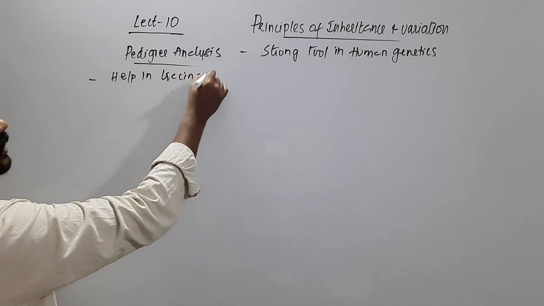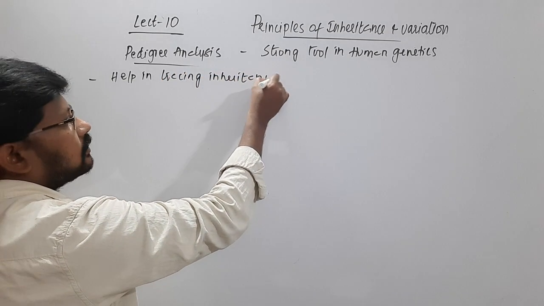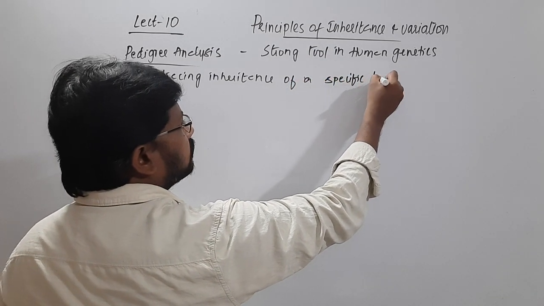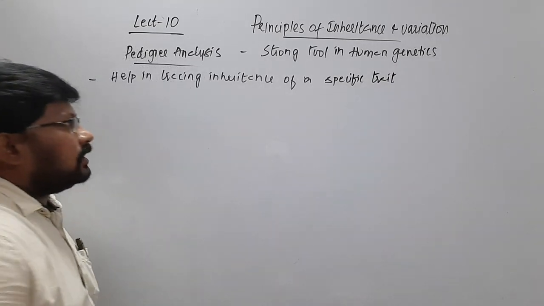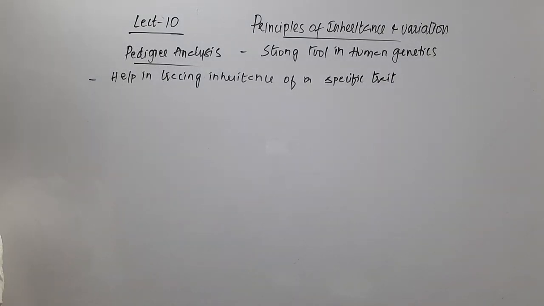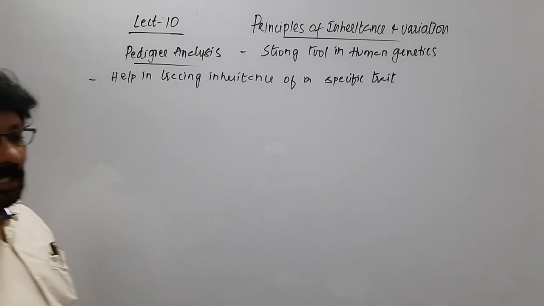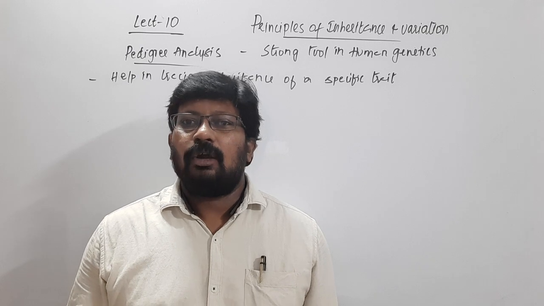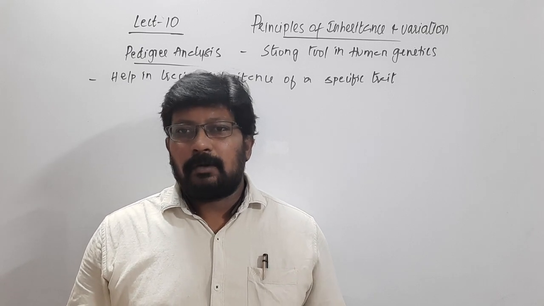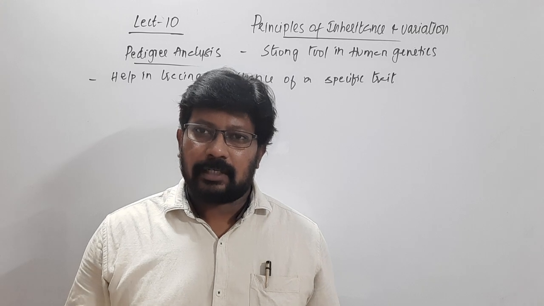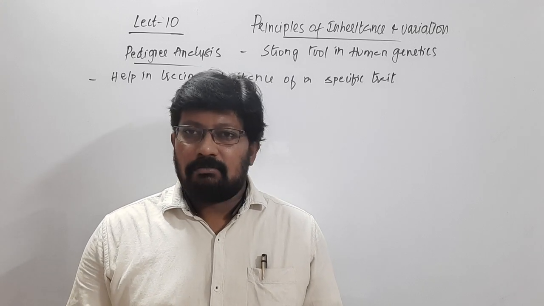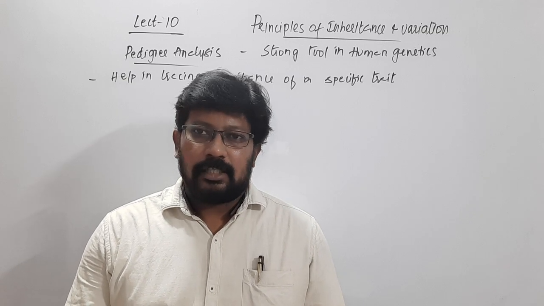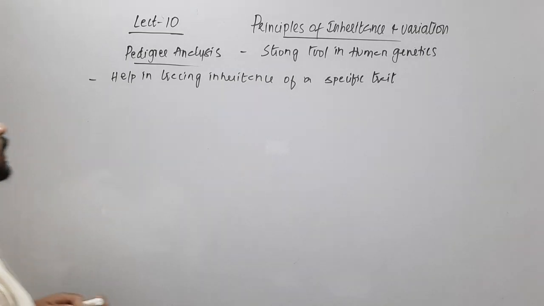tracing the inheritance of a specific trait, like pattern baldness, hitchhiker's thumb, brachydactyly, polydactyly, and so on. There are many traits for which we can find out what pattern they show.